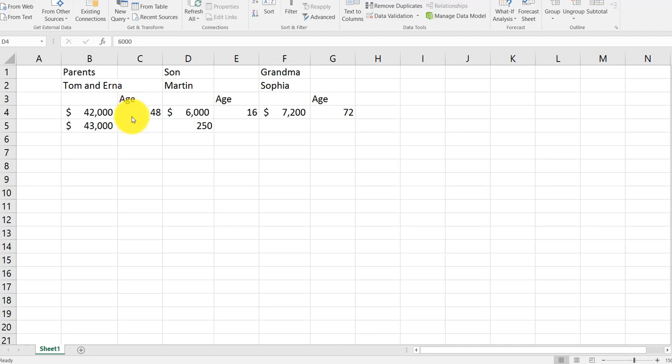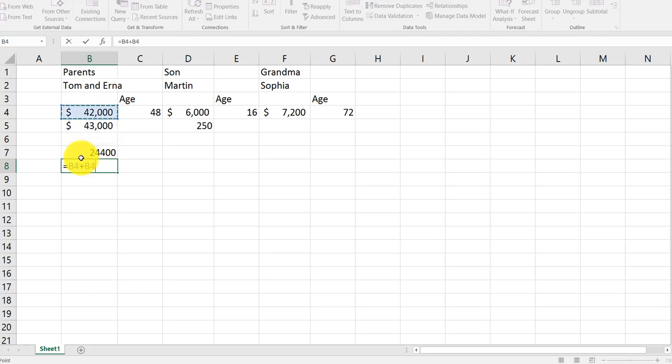So both Tom and Erna are the same age, 48, so they're not old enough to have any additional standard deductions. So their standard deduction for 2019 would be $24,400. So they would take the 42 plus the 43, and assuming that standard deduction, which is all we've learned about so far, is what applies, you would subtract that amount, the standard deduction of 24,400, and you would get their taxable income.